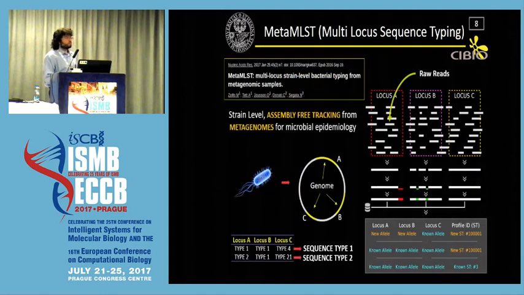I'm focusing a little bit more on MetaMLST because it's the one I personally developed. MetaMLST works by exploiting a well-established molecular biology-based technique, which is the analysis of a subset of hypervariable loci in the genome of the species of interest. It takes advantage of a broad amount of available information from other studies, which is publicly available on public servers.